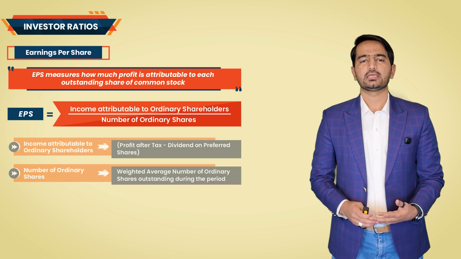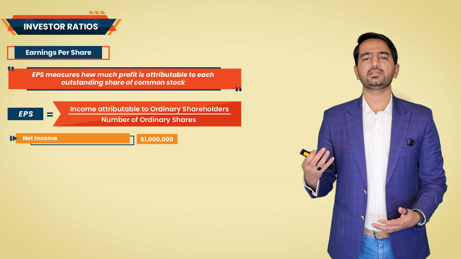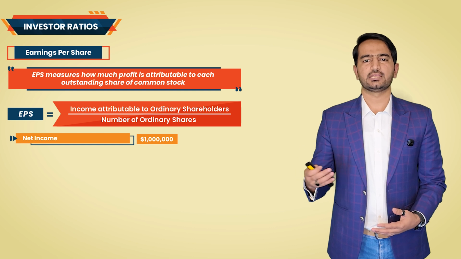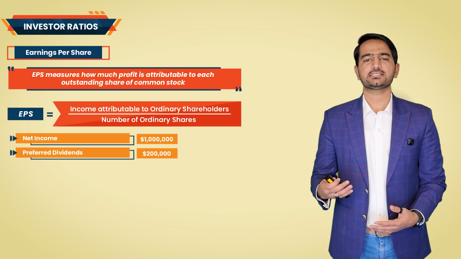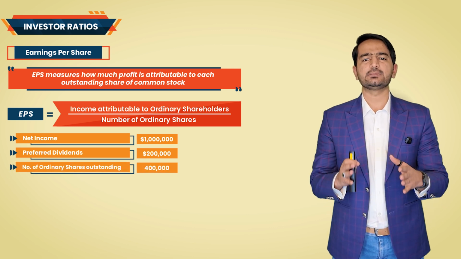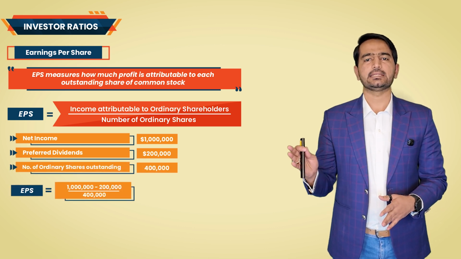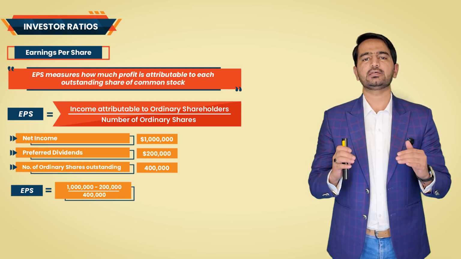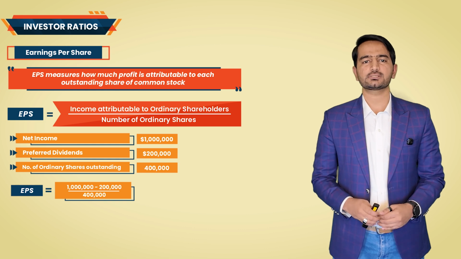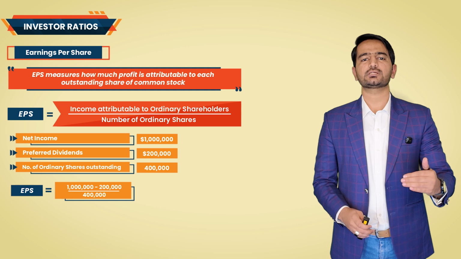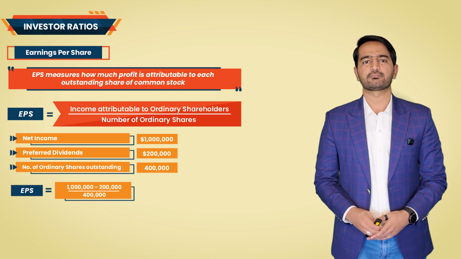For example, if a company earns $1 million in net income, pays $200,000 in preferred dividend, and has 400,000 ordinary shares outstanding, its EPS would be net income of $1 million minus preferred dividend of $200,000, and the difference is divided by 400,000 ordinary shares outstanding.